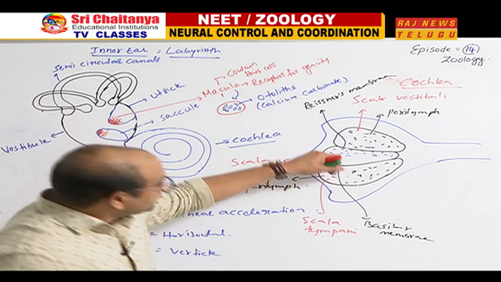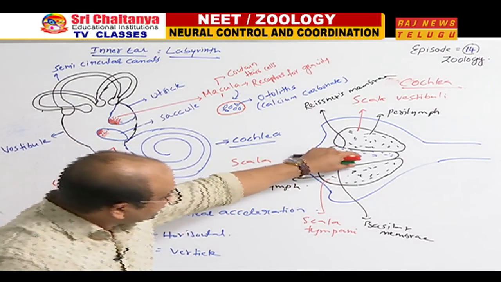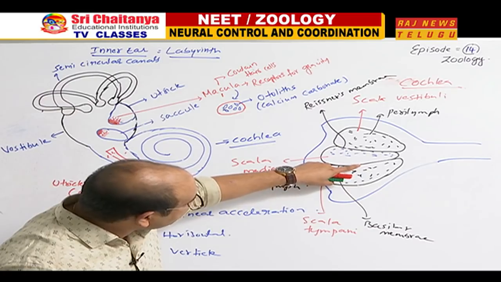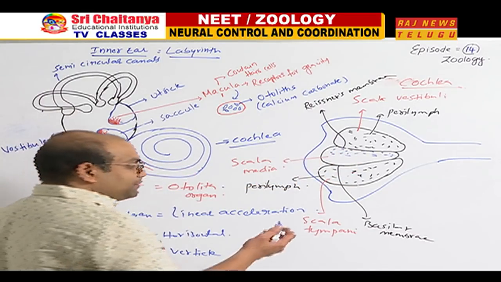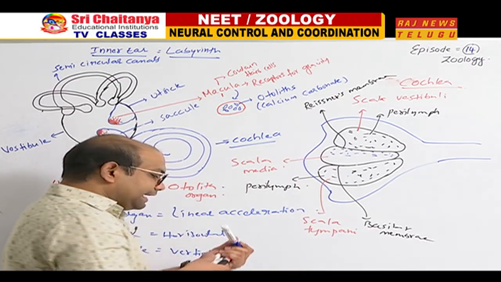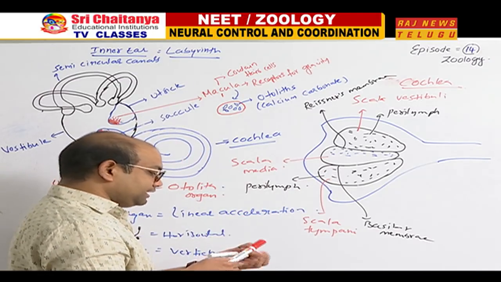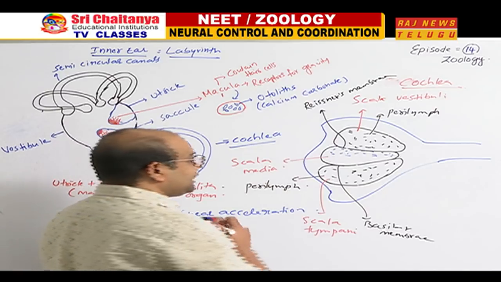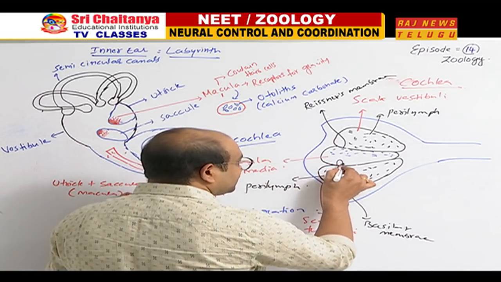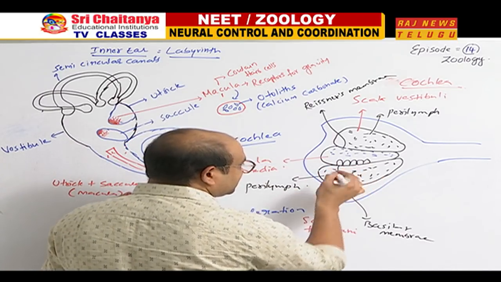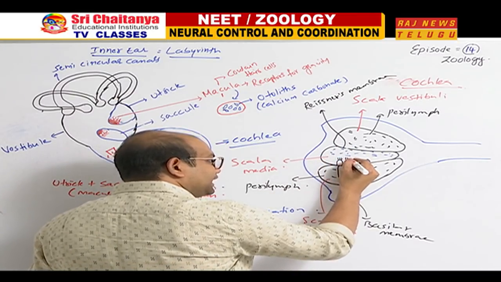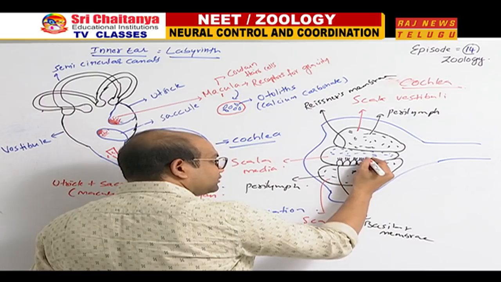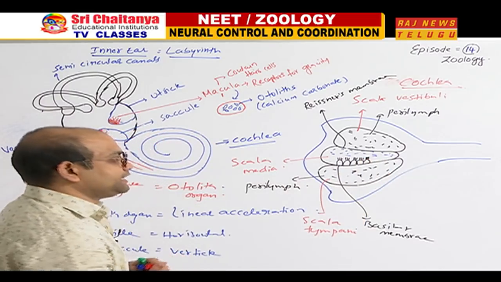So, I want to discuss about this structure, particularly the points that are above the basilar membrane. Above the basilar membrane, there are hair cells. Listen carefully. Basilar membrane is having hair cells. At the tip of the hair cells, the hairy projections are there, also called stereocilia.